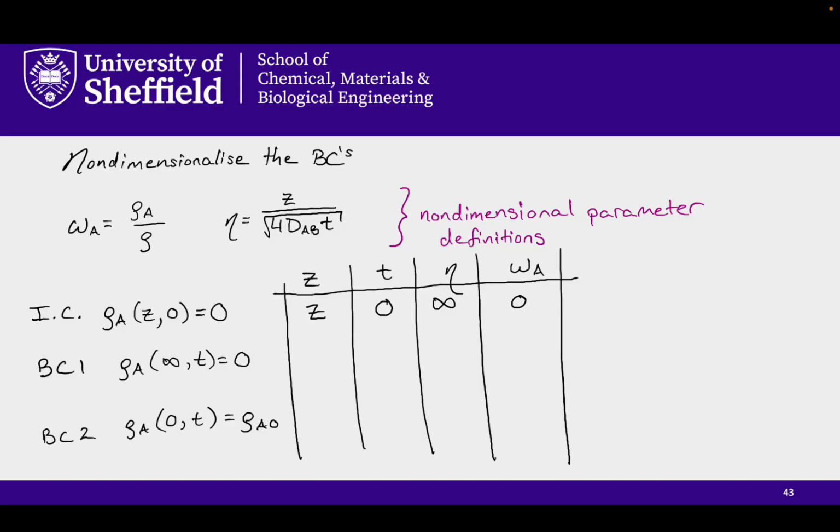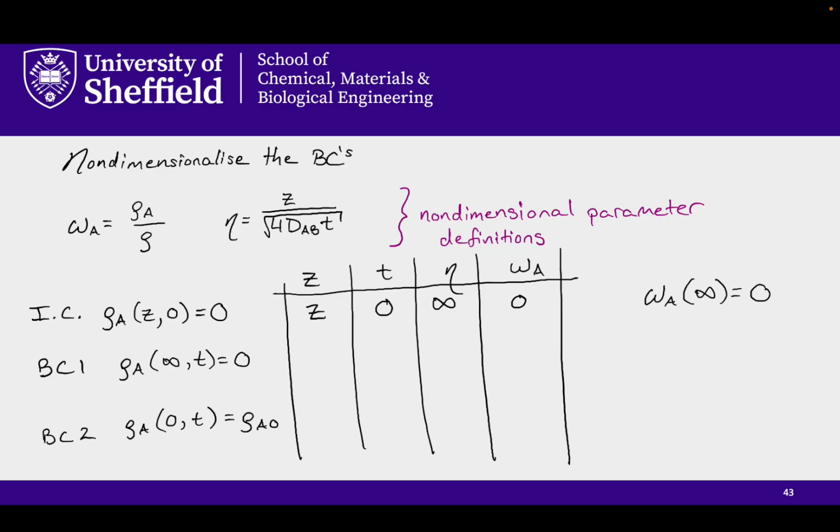Likewise, if we plug in that rho a equals 0, that means that omega a also has to equal 0. So our non-dimensional boundary condition is that omega a at infinity equals 0.